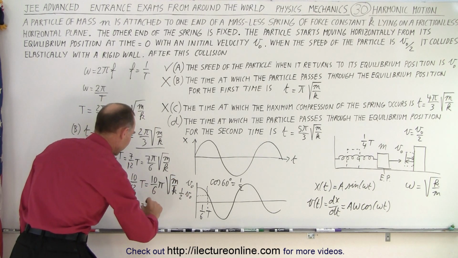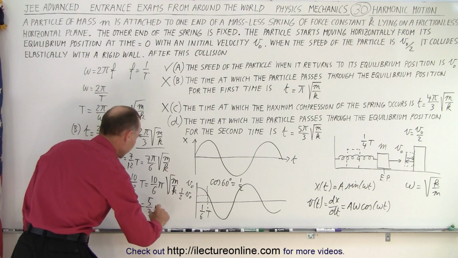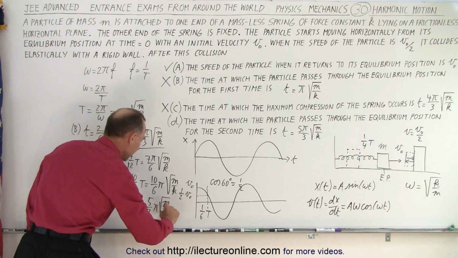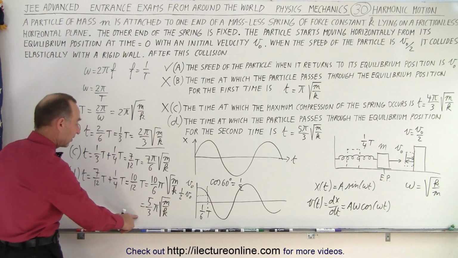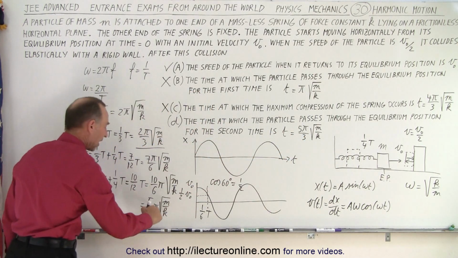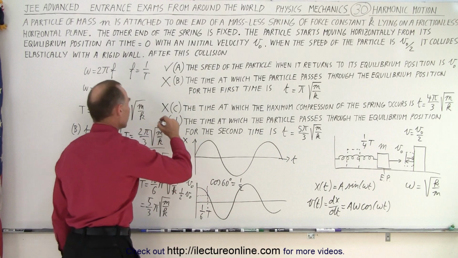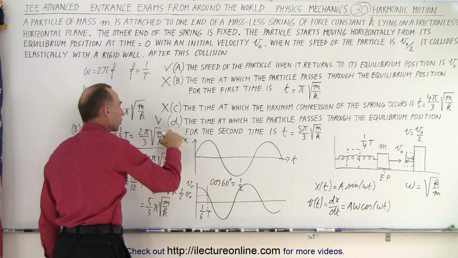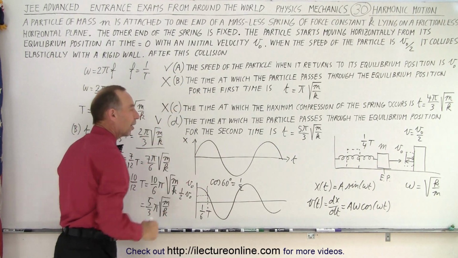And 10 over 6 is equal to 5 over 3, so 5 pi over 3 times the square root of m over k. Notice that is the exact answer we got for time in answer D. So answer D is correct. So A and D are correct, B and C are wrong.